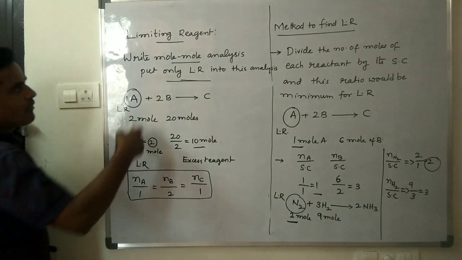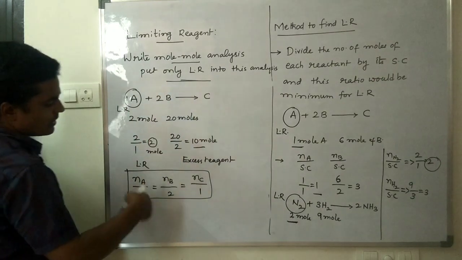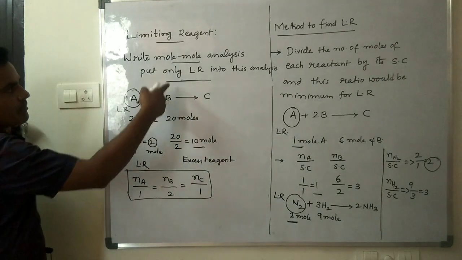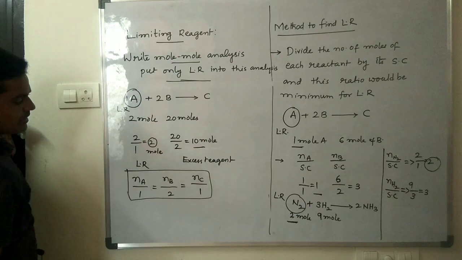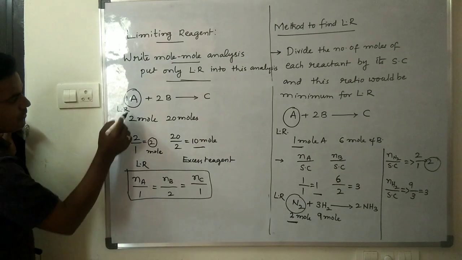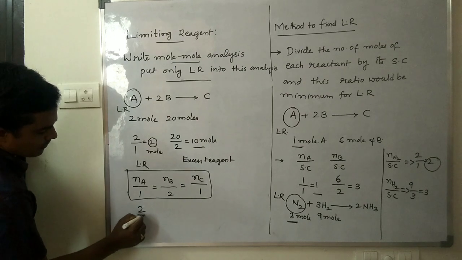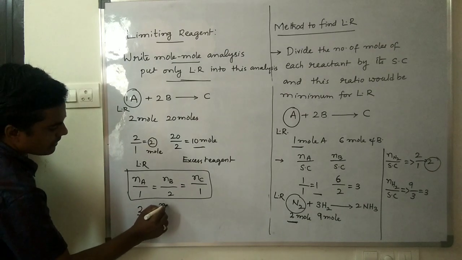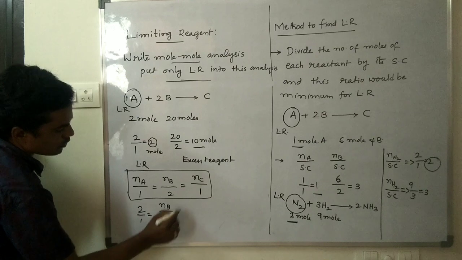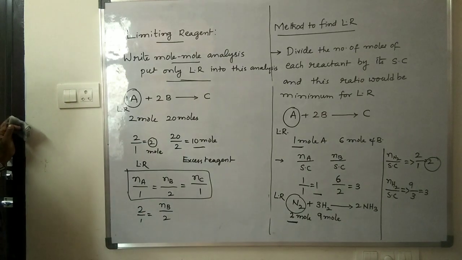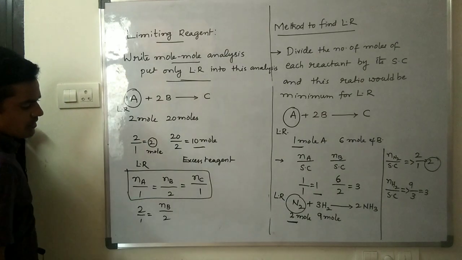Now we have to put only the limiting reagent into this relation. What is the limiting reagent? Here A is the limiting reagent. So the number of moles of A is 2 moles. 2 upon 1 equals nB upon 2. So how many moles of B are consumed in this reaction?